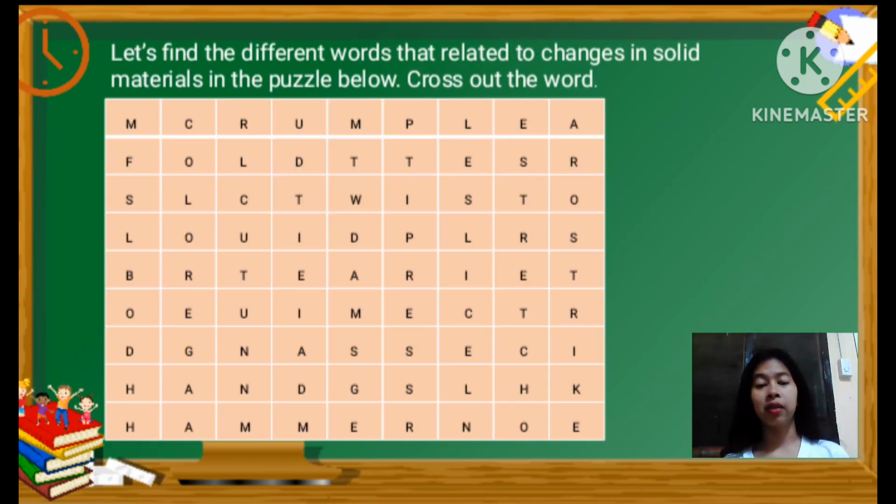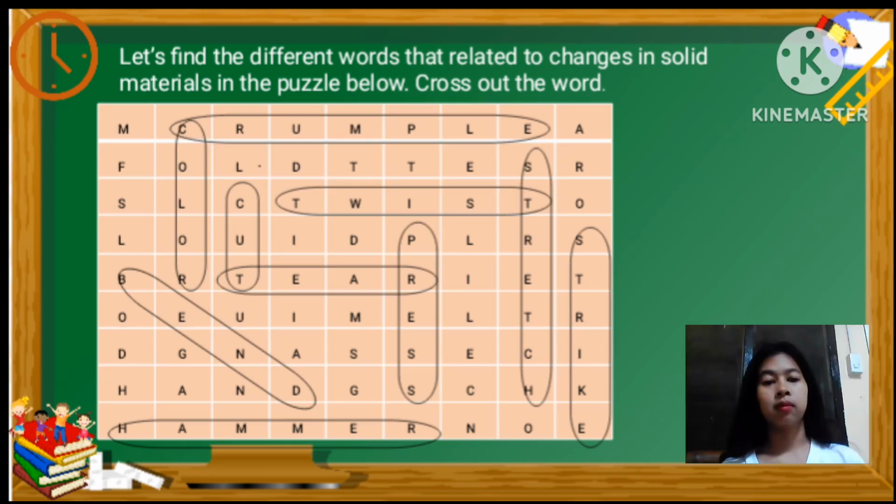So let's find the different words that are related to changes in solid materials in the puzzle below. Cross out the word. I will give you a couple of minutes to answer that. Are you done, class? Okay, let's find out. Number 1 is hammer. Number 2, strike. Okay, very good.